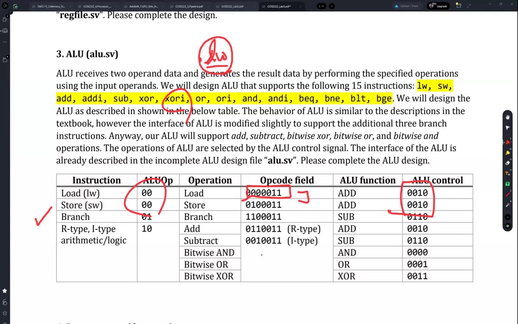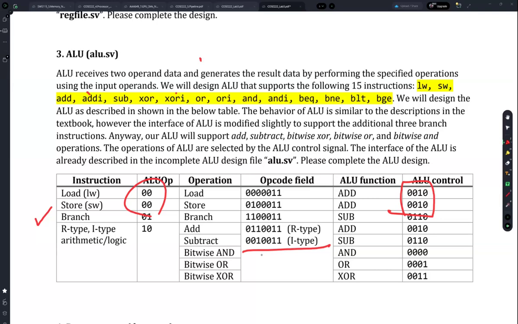But in this lab, this ALU needs to support the arithmetic and logic immediate type instructions, like addi, xori, andi. These instructions have different opcode fields like this.